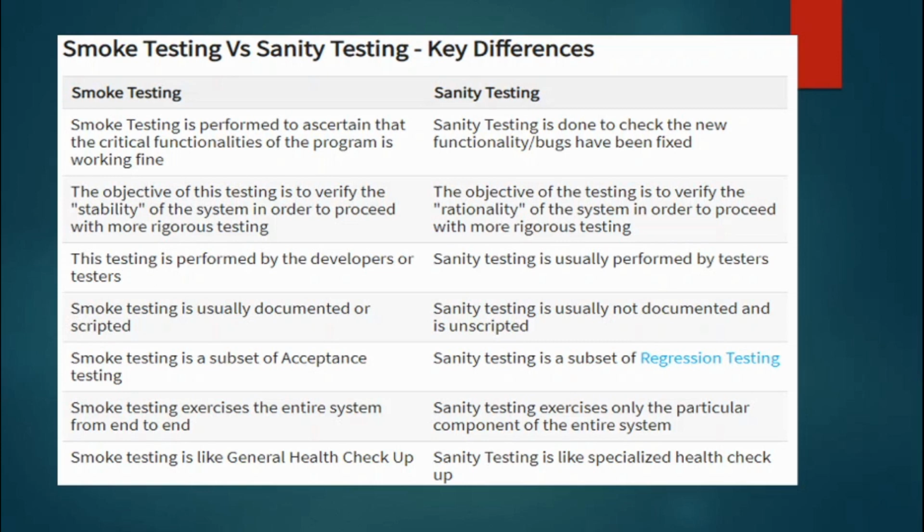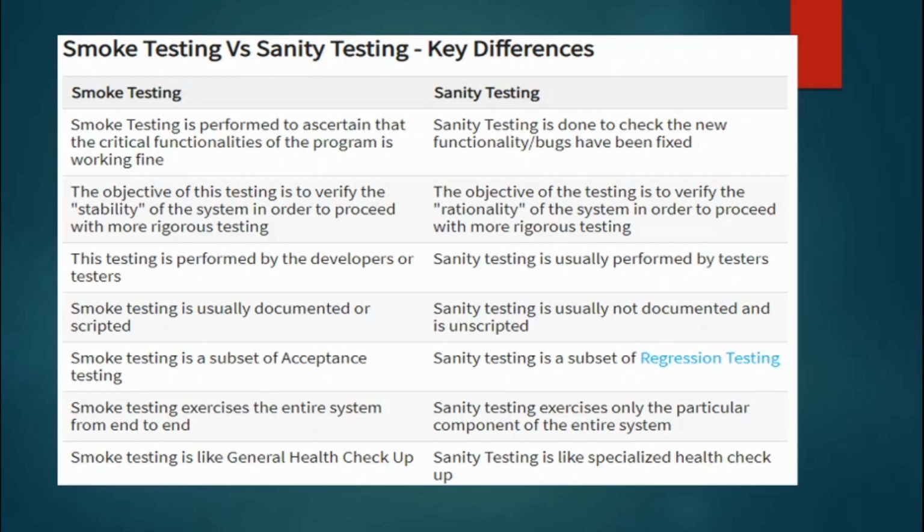Okay, smoke testing is performed by the developer or the tester, and sanity testing is usually performed only by the tester. Okay, the objective of smoke testing is to verify the stability of the system.